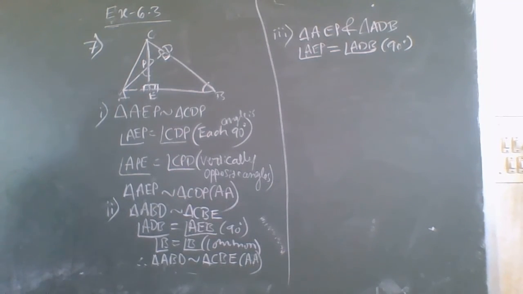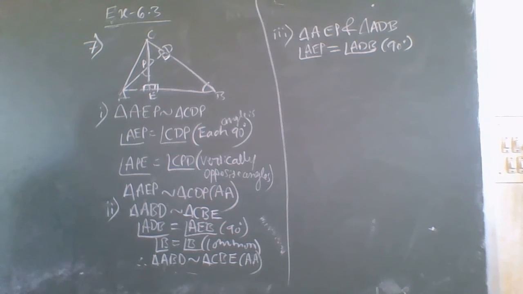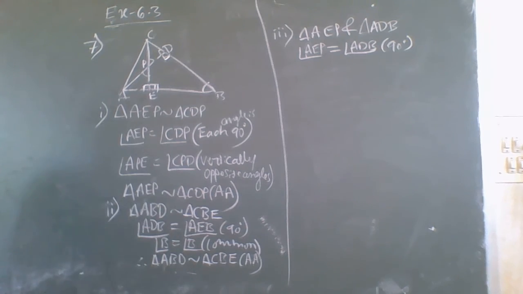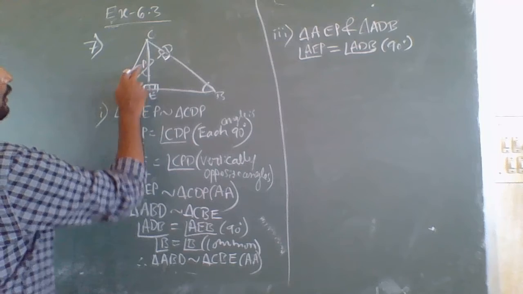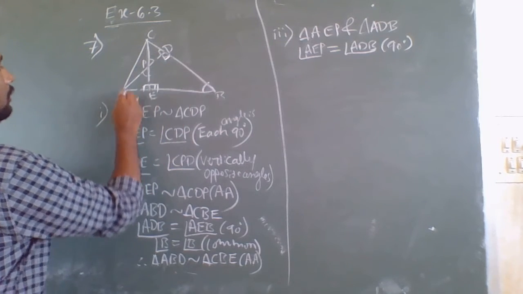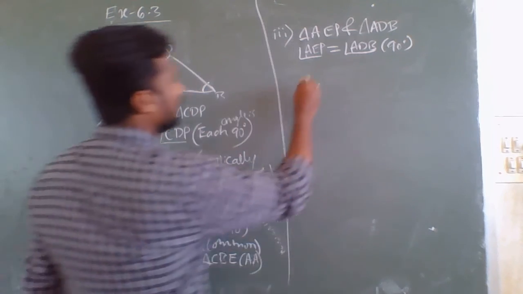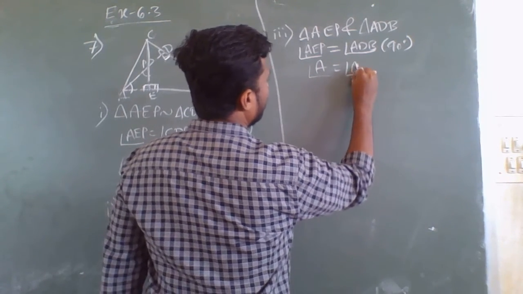Now angle PAE equals angle DAB, because in triangles AEP and ADB, this angle A is common. So here we can write angle A is common in both triangles.